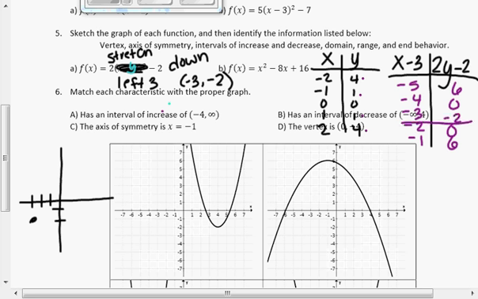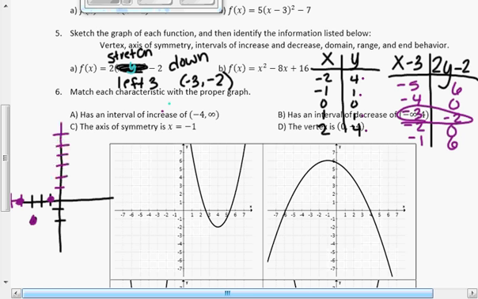And again, this should be our vertex, which we've already graphed down here. So we get negative 4, 0, and negative 2, 0. And we have negative 5, 6. 1, 2, 3, 4, 5, 6.